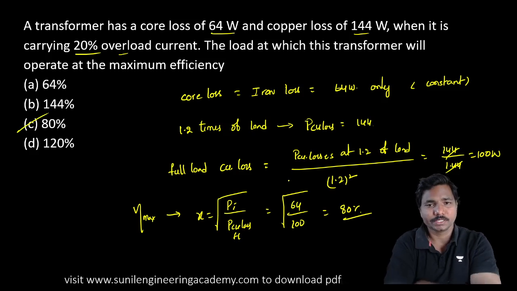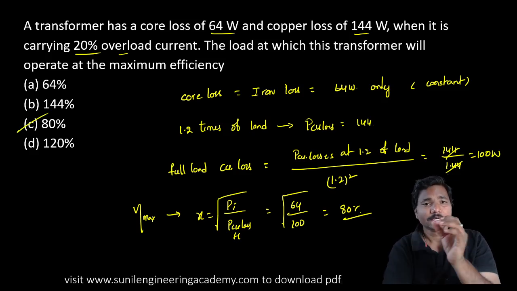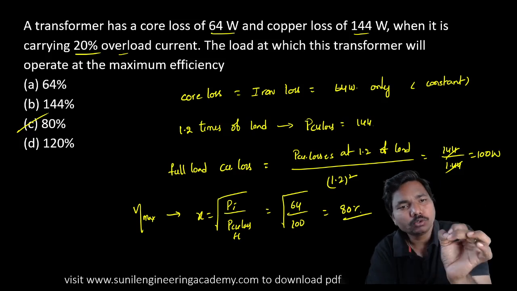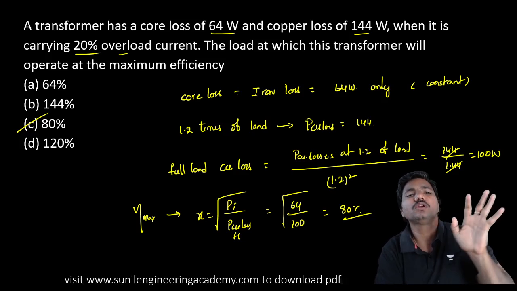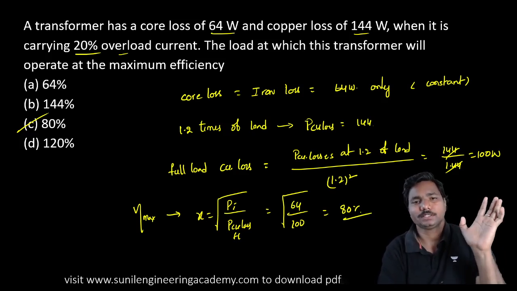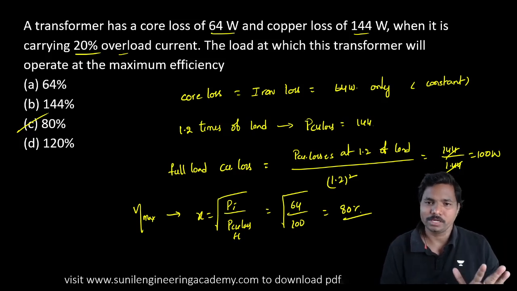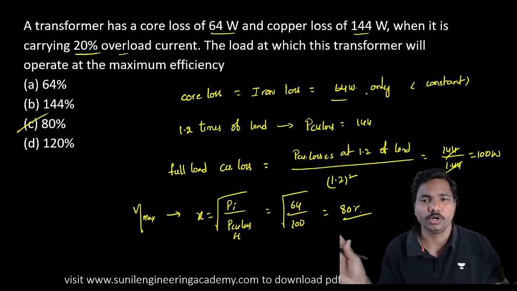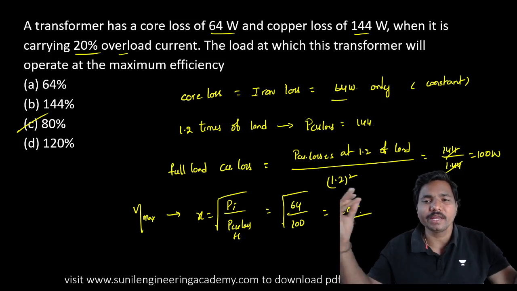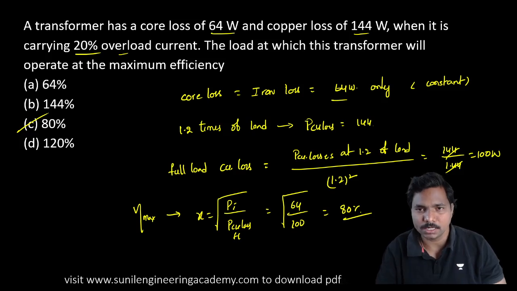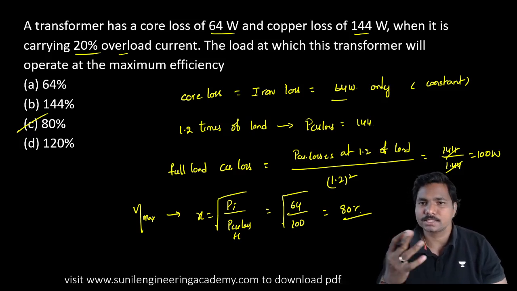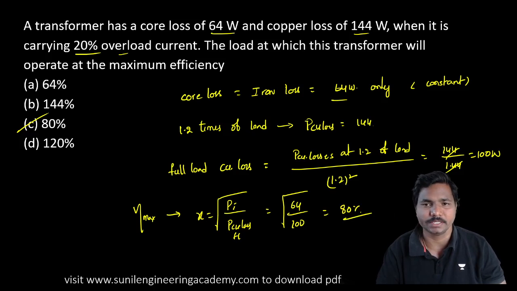It is a very easy question, don't feel it is difficult. At 1.2 of the load, they have given copper losses and iron losses. Whatever the load, core losses, I mean iron losses, are constant, so we take 64 only. Copper losses vary with the load current because copper losses are I squared R losses. As current varies, I squared R varies.